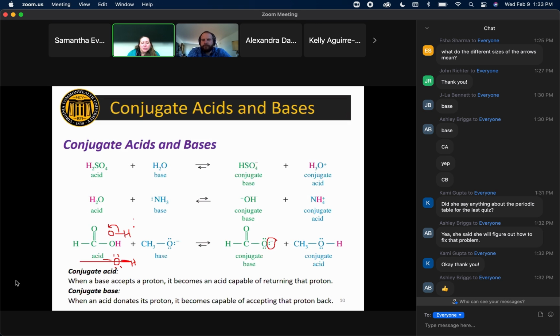And what moves across to the other molecule is just a proton, because we're talking about Bronsted acids. We're all about the proton here. So this proton is going to float over here to this blue base, and the 2 electrons that are right here are going to go and make a new bond to it, and that's the bond that you see here. Did that help explain, Kelly? Okay, yeah, it did. Thank you.